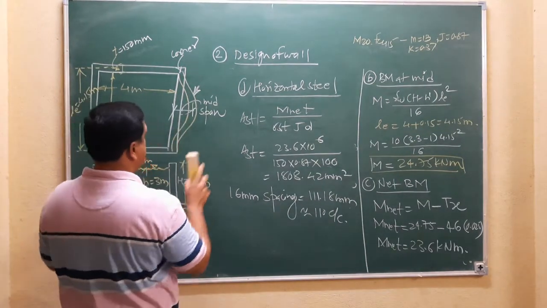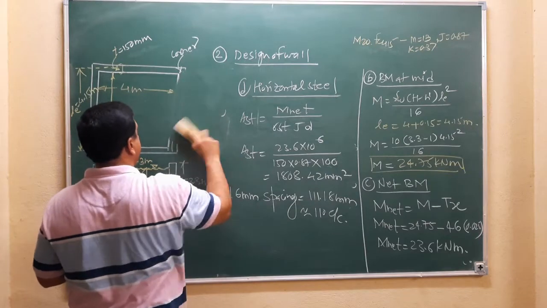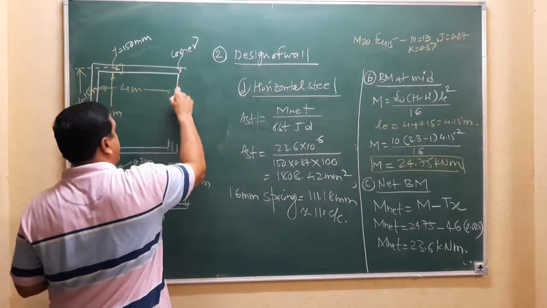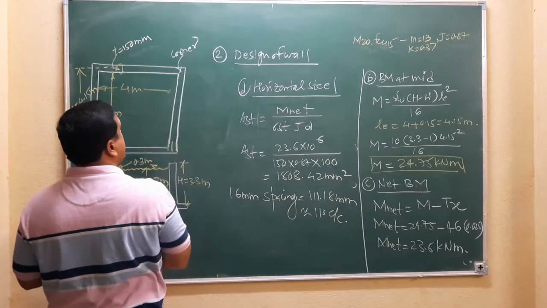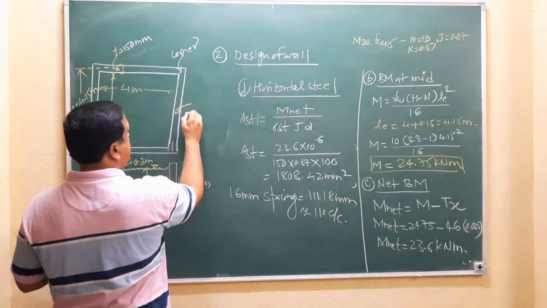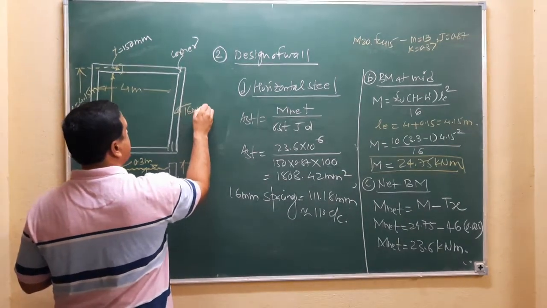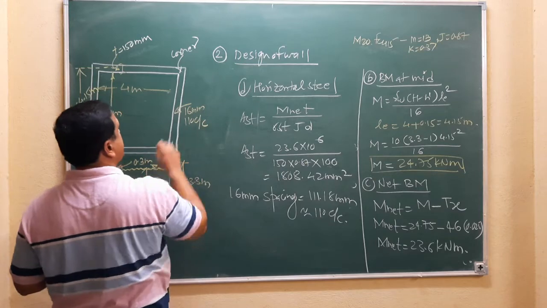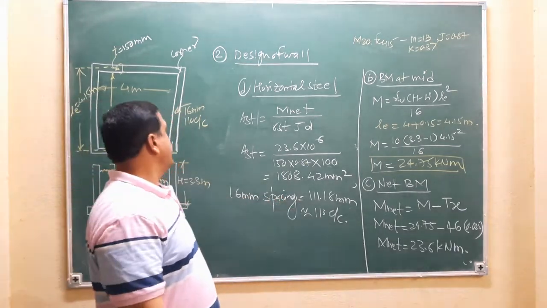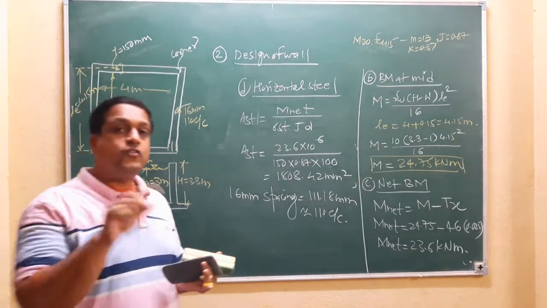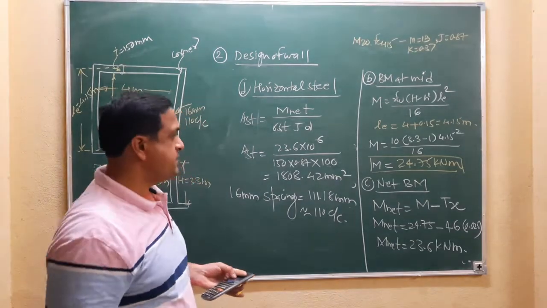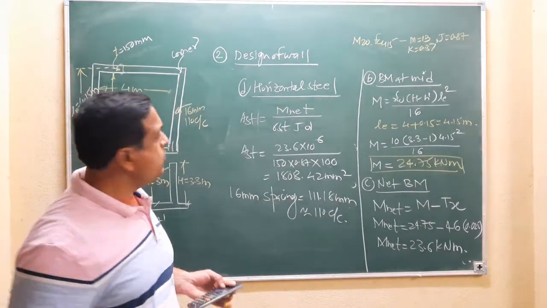At midspan section, we have calculated 16 mm diameter bar, 110 mm center to center. So this is the horizontal steel you have to provide at midspan. Is it clear to you?